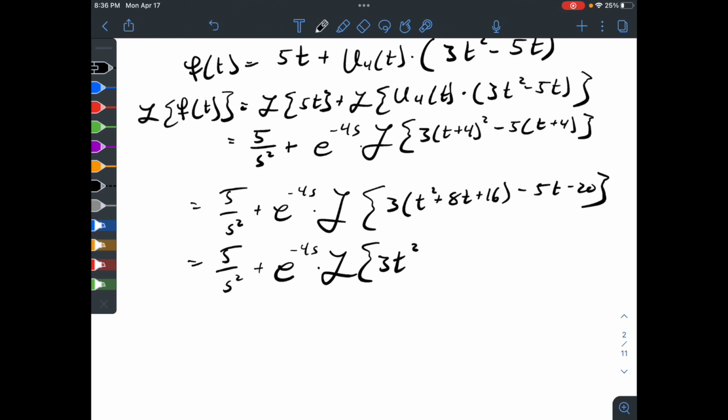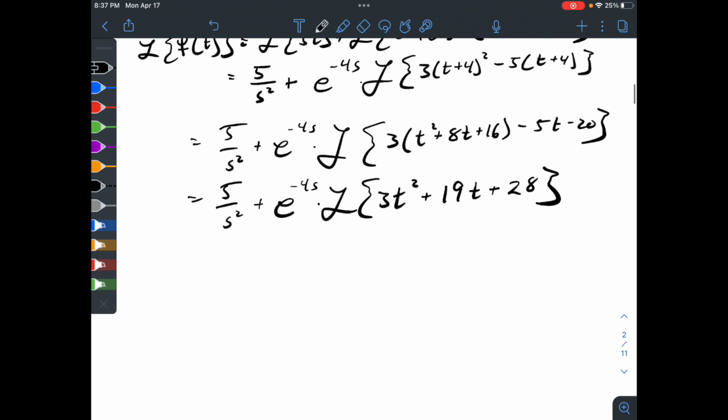So we get 3t squared plus 24t. 24 minus 5 is 19t. Plus 48. 48 minus 20 is 28. Okay, so just kind of simplifying stuff.